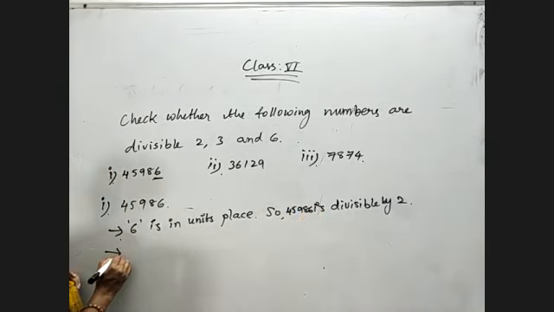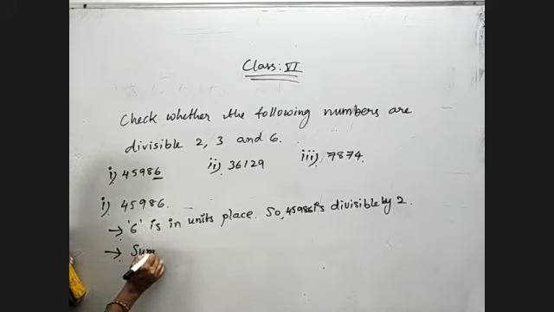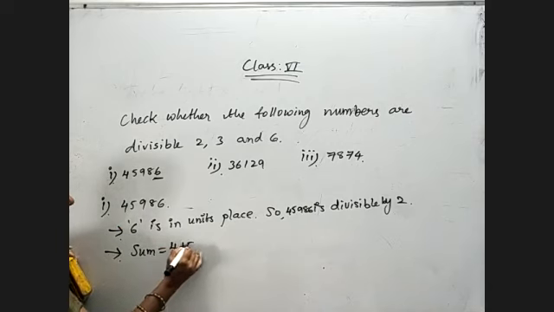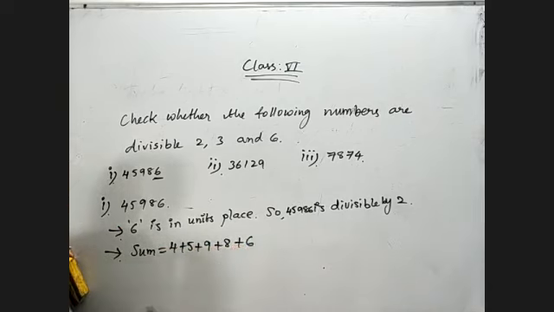Okay. And the second condition, 3. What is the divisibility rule of 3? The sum of the digits is a multiple of 3. So find out the sum of the given digits. The sum is 4 plus 5 plus 9 plus 8 plus 6.